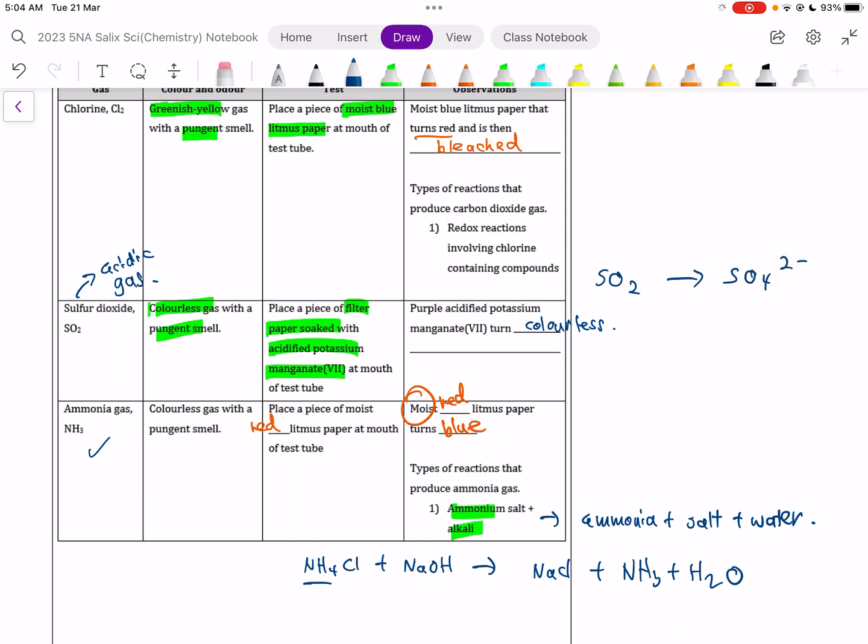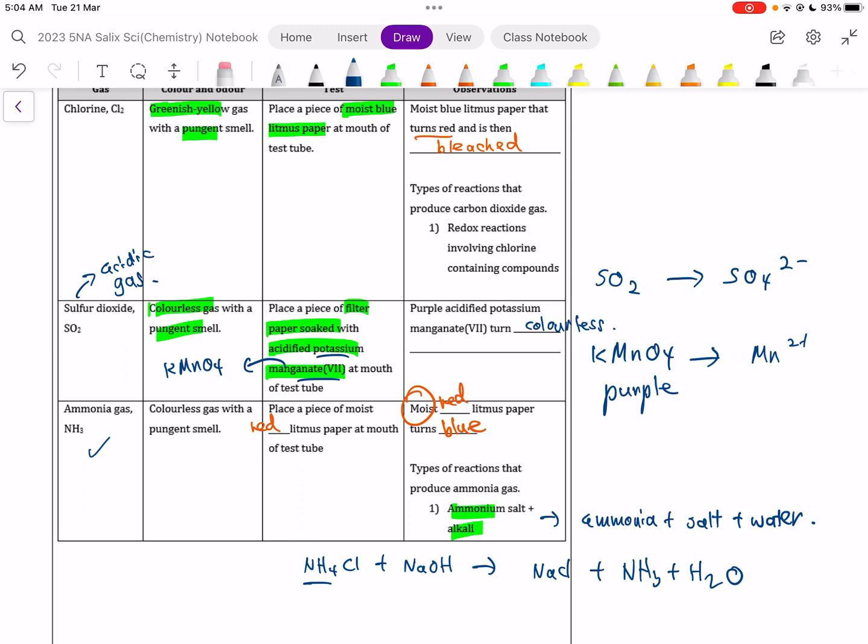The potassium manganate, the formula is KMnO4. This acidified potassium manganate, KMnO4, itself is purple in color, then becomes Mn2+.